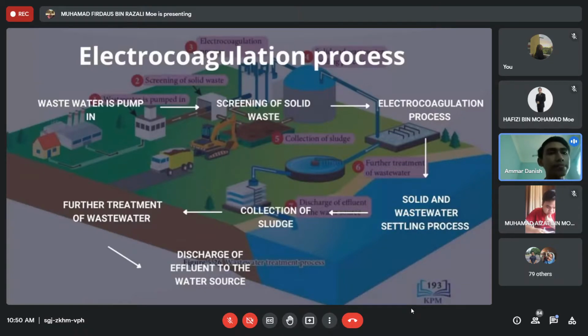First, wastewater is pumped in and goes to screening of solid waste, then moves to the electrocoagulation process, followed by the solid and wastewater settling process. All three of these processes will produce sludge that will be sent to the sludge tank, and then further treatment of the water will be done, and lastly it will be discharged to the river. Okay, that's all from me.